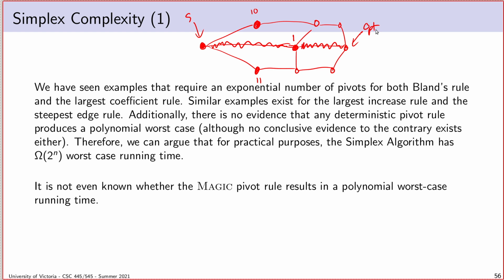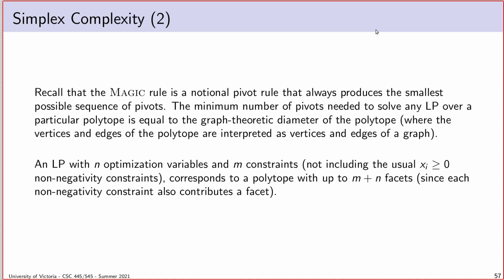So what I'm saying is, if I take an arbitrary polytope, any vertex could be the optimal solution. So what I care about for the magic pivot rule is, what is the longest length of the shortest path between a pair of vertices on this graph? And it turns out that that quantity has a name in graph theory, which is the diameter of a graph. We'll use the term graph theoretic diameter because the word diameter also has geometric implications.